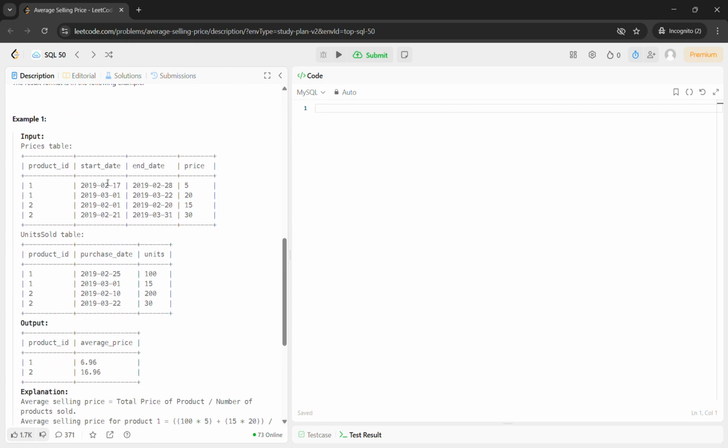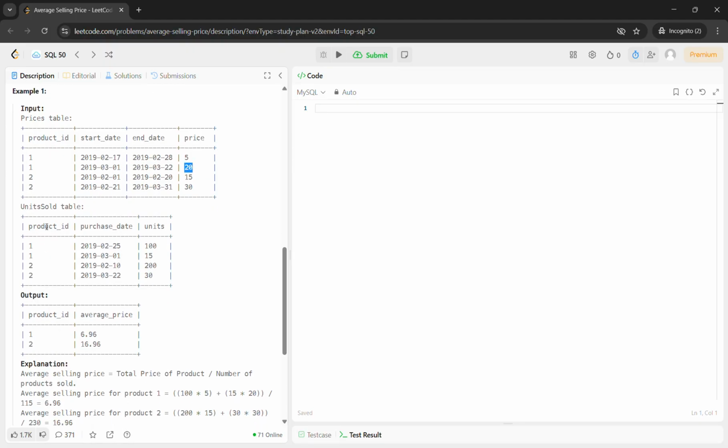Let's see, we have prices, we have product ID 1, we have a start date and end date. In this one we have the 17th Feb till 28th Feb. During this time the price of the product was 5 rupees, and for the same product from 1st March to 22 March the product price was 20 rupees. So this is what is given in units sold.